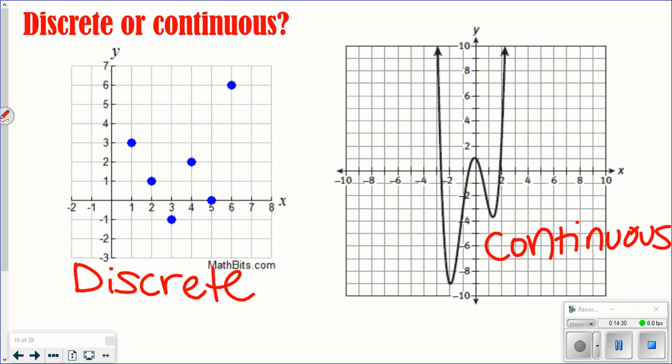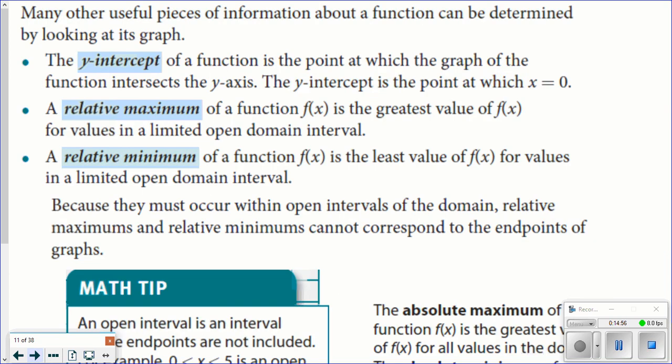Even if there were not arrows here, even if there were endpoints, this is still considered continuous because it's connected. Right? If I put points here, these points are connected by this curve. So this is continuous. Okay?